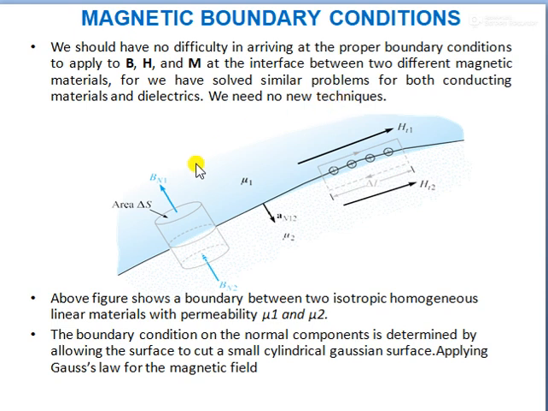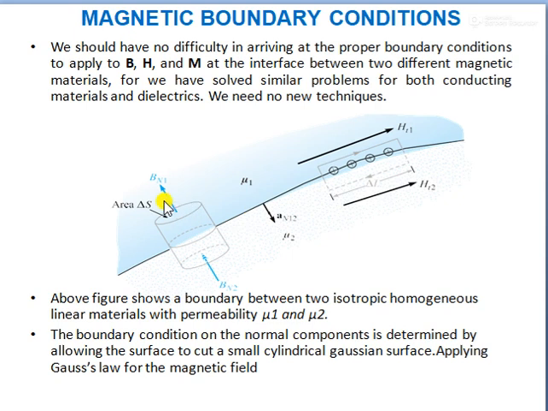So this is a figure you can observe over here. The Gaussian surface has a height delta h, and it has normal components Bn1, Bn2, Hn1, Hn2, that is, perpendicular to the surface, and these two media have different permeabilities mu1 and mu2.